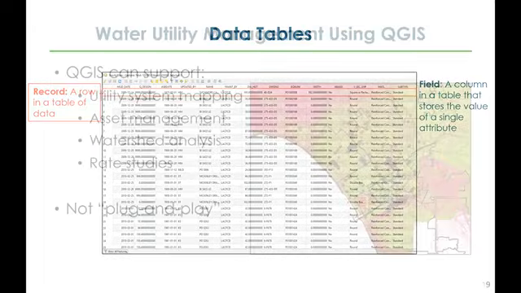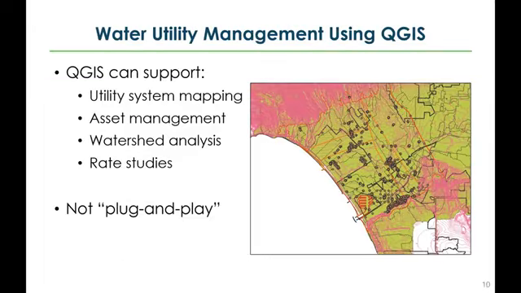Now moving to more water utility focused opportunities using QGIS. We at the Environmental Finance Center at Sacramento State have used QGIS specifically for some applications such as utility system mapping, so pipes, gutters, storm drains, for instance, or in the other sectors, water supply pipes, wastewater pipes, and so forth.